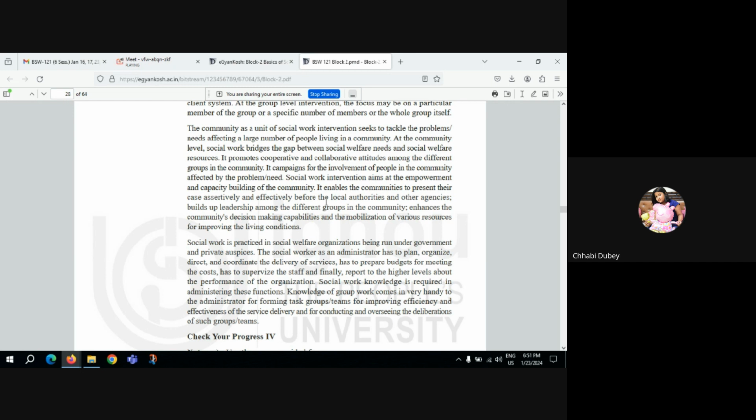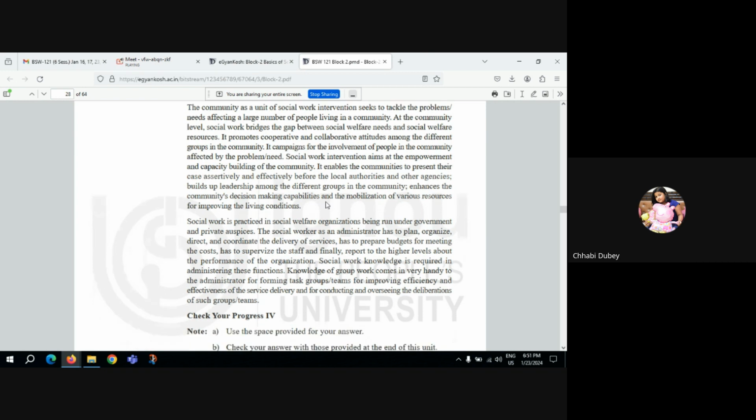They have to supervise staffing, bring in staff for the agency, and do reporting or documentation about the performance of the organization. All of these require a good understanding of administration work, and this knowledge comes very handy for improving the overall efficiency and effectiveness of service delivery among these organizations.